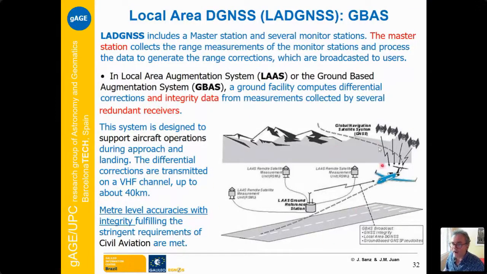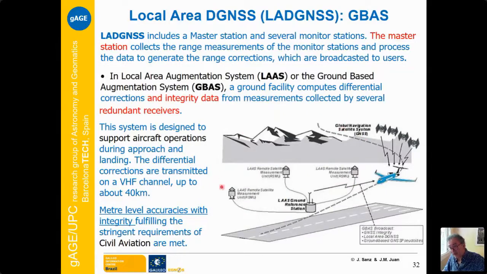This is for on-airport application, and a ground-based augmentation system involves a set of redundant receivers, typically 3 or 4, and this is the reference station. The reference station, on one hand, monitors the satellites in order to detect any anomaly, and on the other hand, because we have redundant receivers, they cross-check themselves to detect any anomaly in the receivers.